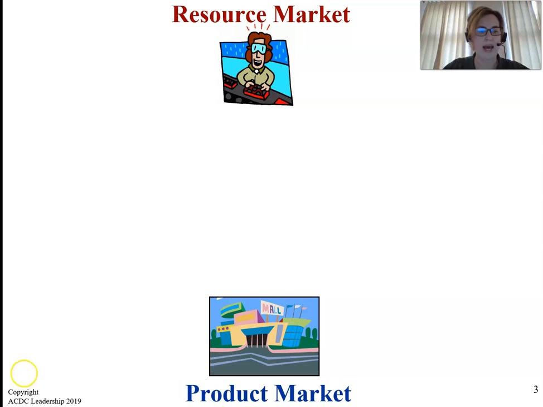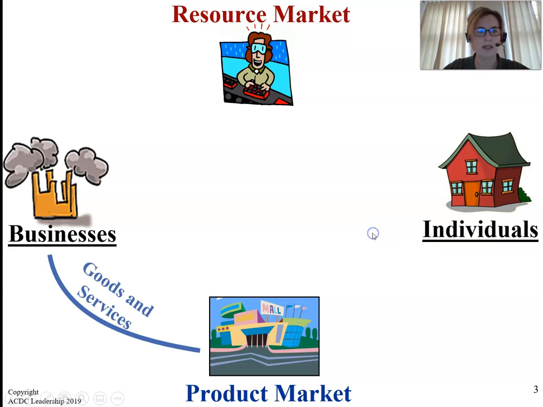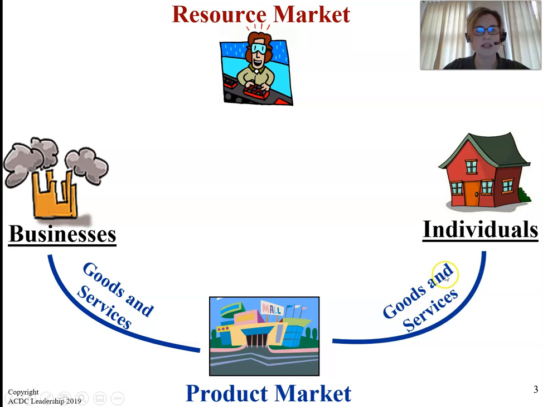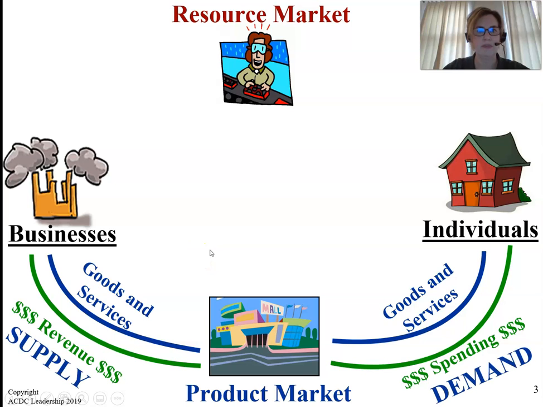First, we're going to look at the circular flow diagram. So we have the resource market up here and we have the product market. We have businesses and we have individuals. Businesses supply goods and services to individuals, and individuals in return spend money on those goods and services that become revenue to businesses.